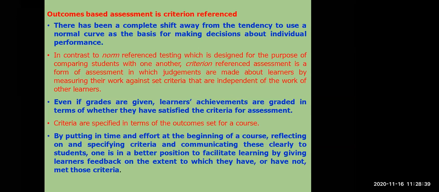By putting in time and effort at the beginning of the course, reflecting on and specifying criteria and communicating those clearly to the students, one is in a better position to facilitate learning by giving learners feedback on the extent to which they have or have not met these criteria.